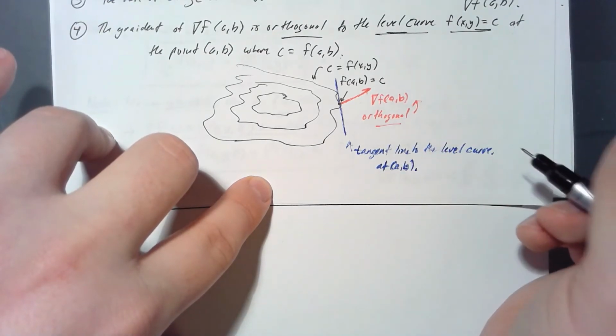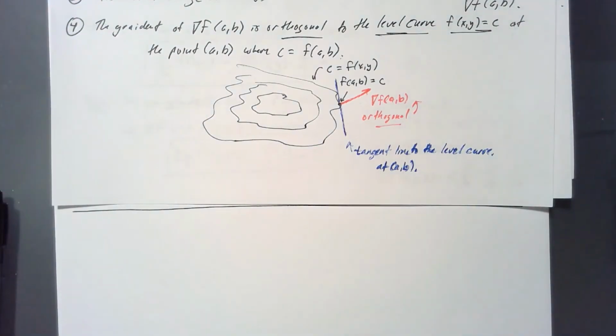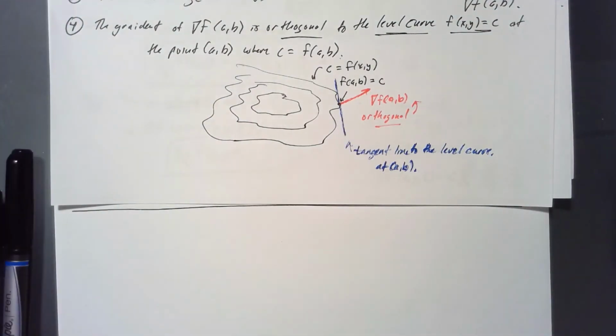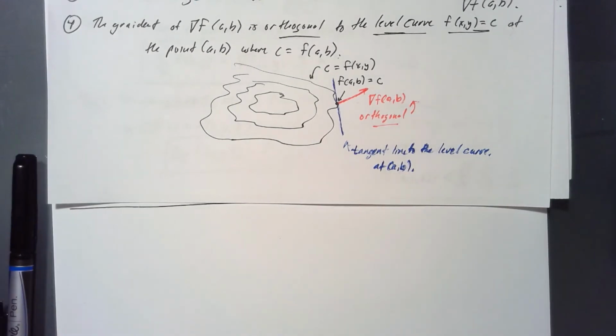My colored pens are running out of ink. But that right there is what I'm trying to find. Your textbook uses x sub 0, y sub 0. I use AB. I think it's better. I don't know why, it's just me.